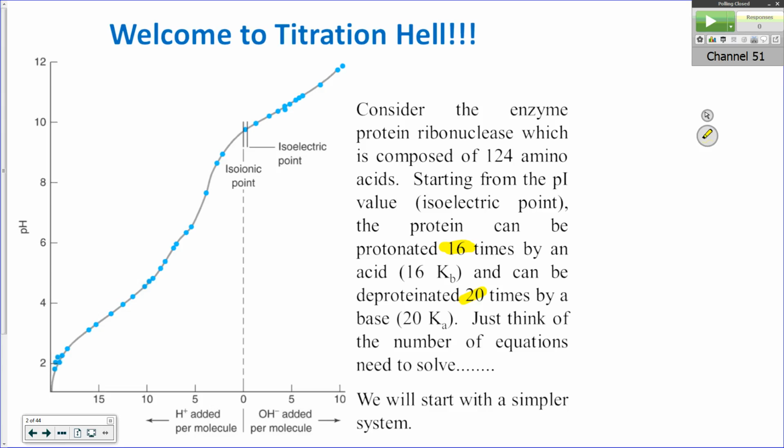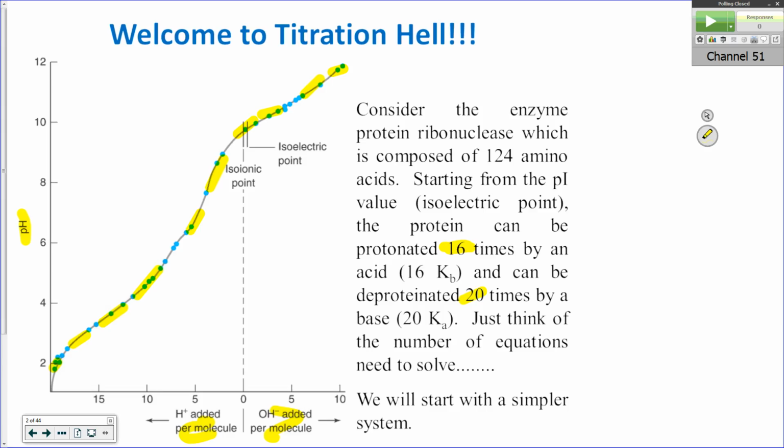That means there are 36 protons that can be titrated off of this protein during the course of the titration. This titration curve is a plot of pH versus the hydroxides that have been added. Every one of those is represented by a dot in this. And that's about as complicated a system as you would ever imagine doing.